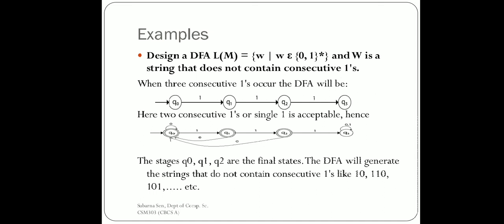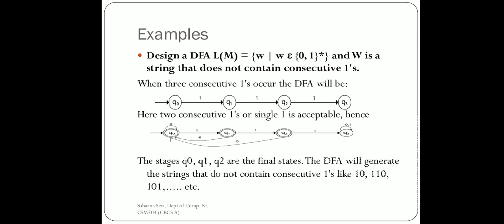See the first transition diagram, it begins with q0 and has 3 consecutive ones. You have to mark q3 as the final state here. The easiest way, since it is asking for a diagram that does not consist of consecutive ones, is to first draw the machine accepting strings with consecutive ones, and then we will just complement it.